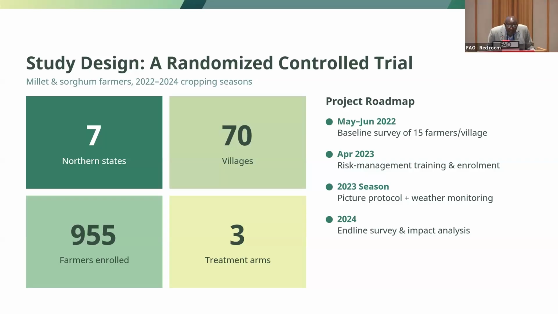Then in April 2023, risk management training and enrollment was conducted. Again in 2023, the pilot protocol plus weather monitoring was equally conducted. And in 2024, we had the end-line survey and impact analysis.